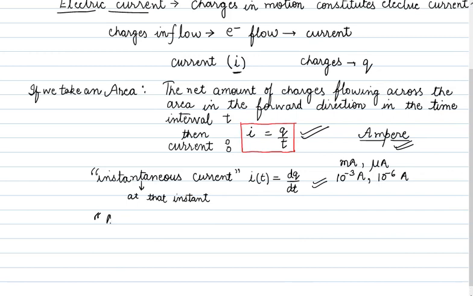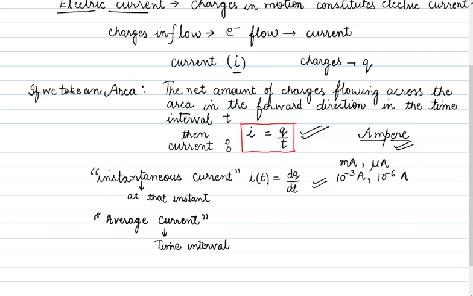The second thing that we come to is the average current. Now what is this average current? Suppose you are taking a medium and you are calculating the current that is flowing through that medium, and that current is varying. This current is changing with time. That means the current is not constant. If you are given a time interval, within that particular time interval the current is varying.